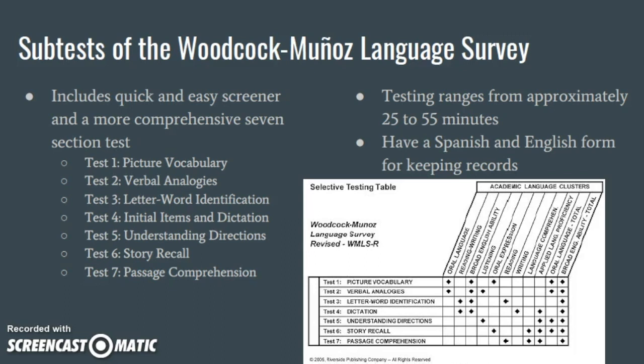The comprehension items involve symbolic learning, pointing to the picture represented by a phrase and identifying a missing keyword in the context of that passage. The test ranges from approximately 25 to 55 minutes, and it has a Spanish and English form to keep records.